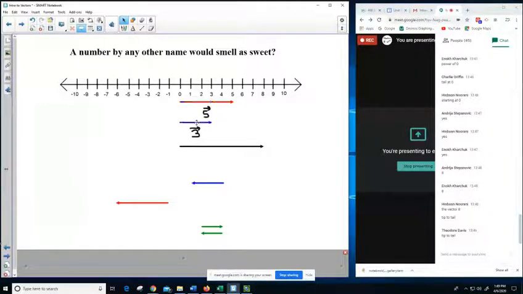Notice I'm drawing them one on top of the other just so that it's clear. But technically, this would be vector 5, and this would be vector 3. And nothing stops me from taking vector 3 and moving it to wherever I want. And so when I put vector 3 tip to tail with vector 5, I get vector 8.